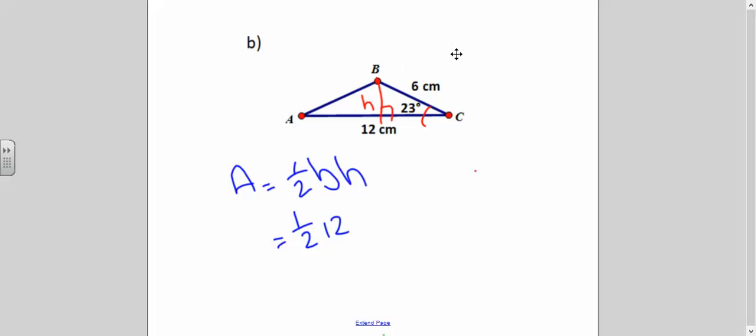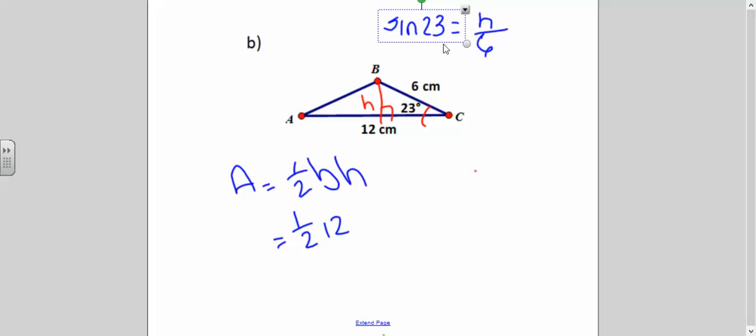So let's just look at what h is going to be. Let's set up our trig equation so we don't get confused. Our trig equation is still going to be sine. The sine of 23 equals our h over our hypotenuse, which is 6.